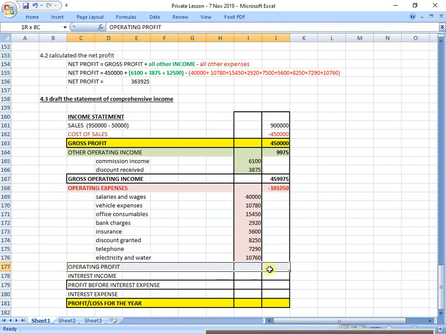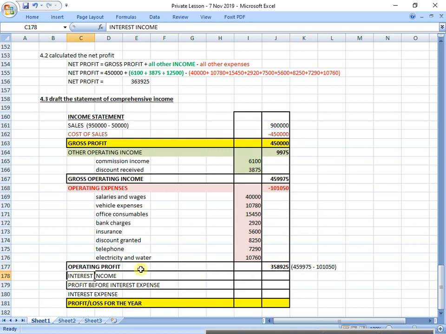So, operating profit. How do I get operating profit? Gross operating income minus that. Just to show the working. Okay, that's how you get operating profit. It's just another total. It's that total minus that gives you that total.